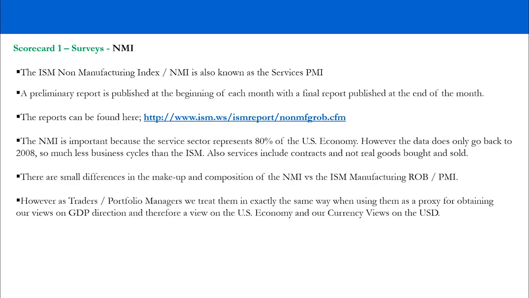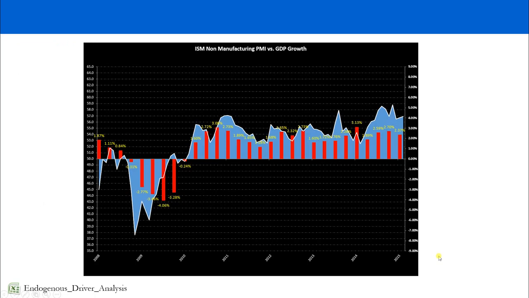And if we want a pictorial representation of what the NMI looks like, we can look at the data going back to 2008 relative to GDP growth. You can see it's quite similar to the ISM. If we look at the last business cycle, we can see the NMI negative at the beginning of 2008. It does go positive for a while, but the warning signs were there. Then at the end of 2008, we start to see real negative annualized GDP growth on a quarterly basis.